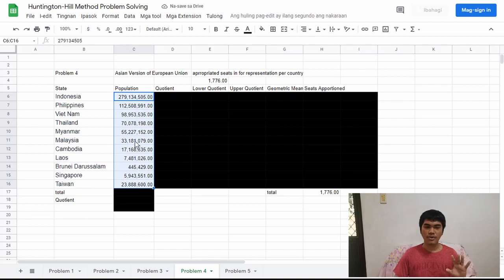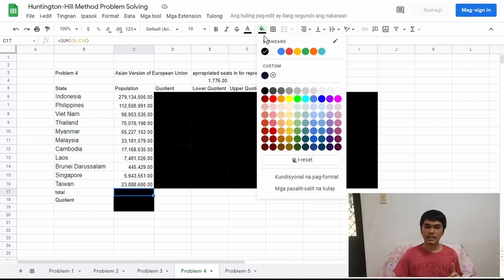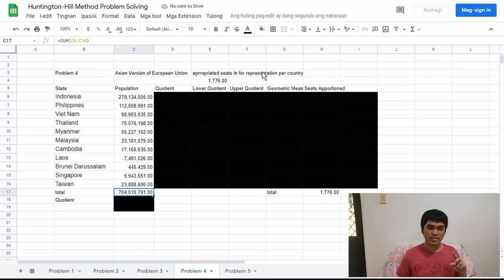Wow. So if you add these populations, we will get 704 million 10,000 701.